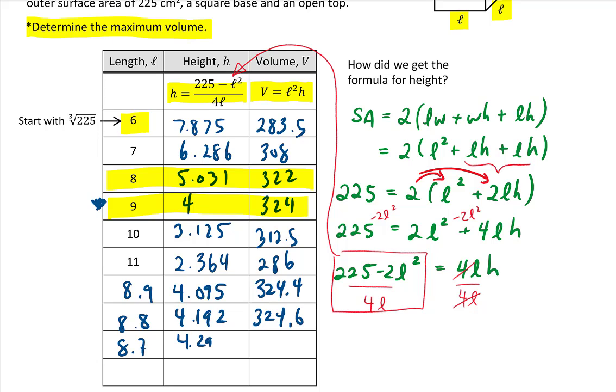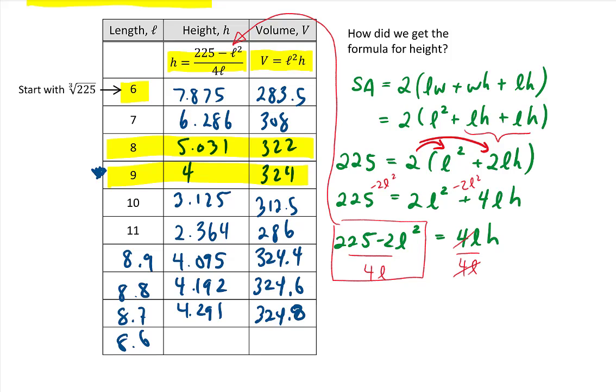That gives me 4.291 roughly, and this gives me about 324.7 or 324.8 if I round. Let's see what happens with 8.6. 8.6 gives me 4.391, and when I calculate this one, I get 324.7.